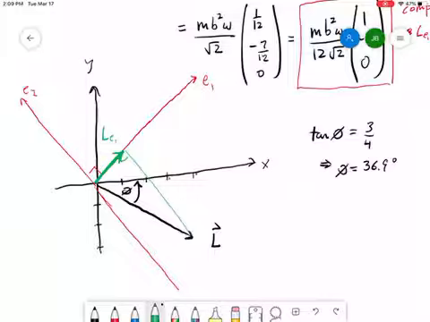And the E2 component is this vector. This is L E2.